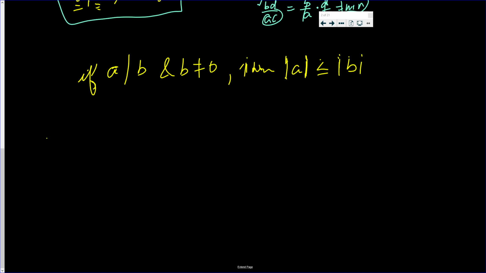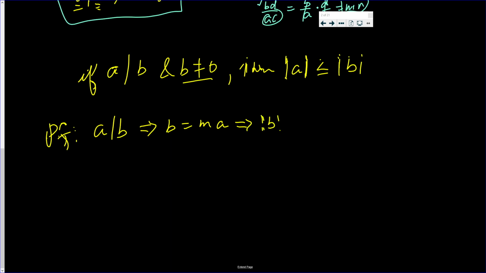Proof. Suppose a divides b. That means that b is some multiple of a, say b equals m times a. But b is not 0. That's important. Taking the absolute value on both sides will preserve the equality sign.